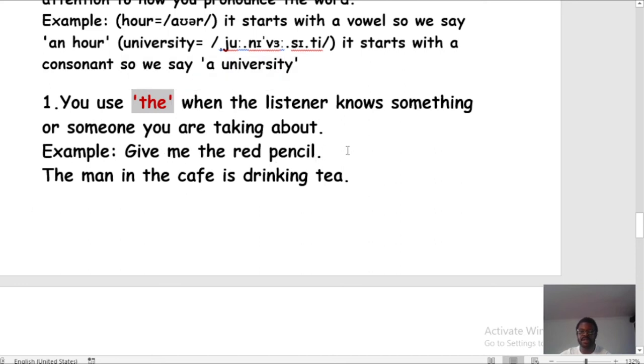Give me the red pencil, because the red pencil is already known to the listener. So that's why we have to use what? The red pencil. The man in the cafe is drinking tea. Because you already knew about the man in the cafe, that's why we have to use the to start our noun. The man in the cafe is drinking tea.